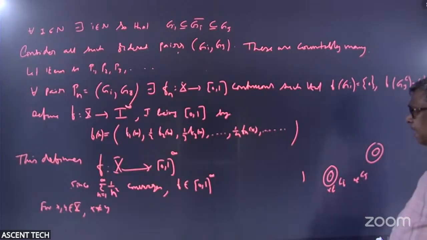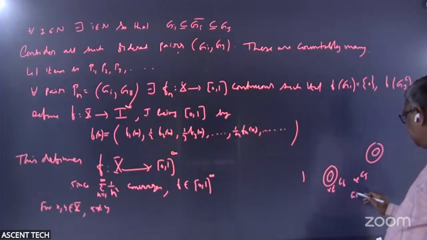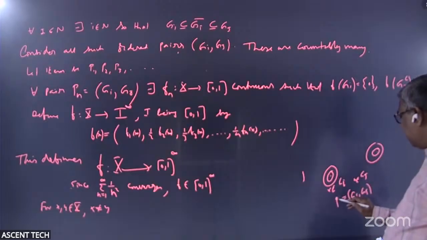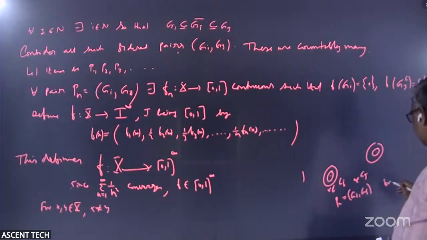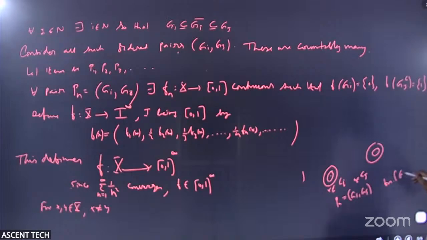Therefore, if you look at this Gi, Gj pair, and this is Pn, what is Fn really doing? Fn will send the elements of Gi bar to 0 and the elements of Gj complement to 1.